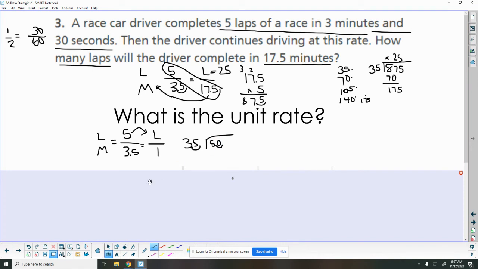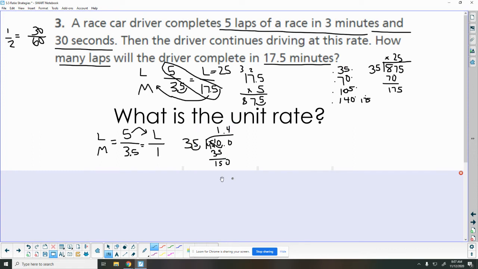So I'm really doing 35 into 50. Goes in there one time. 1 times 35 is 35. And subtracting is, let's make sure I did that right, is 15. And I'm bringing down a 0. And up here, I have my 35s already counted. 1, 2, 3 goes in there 4 times.